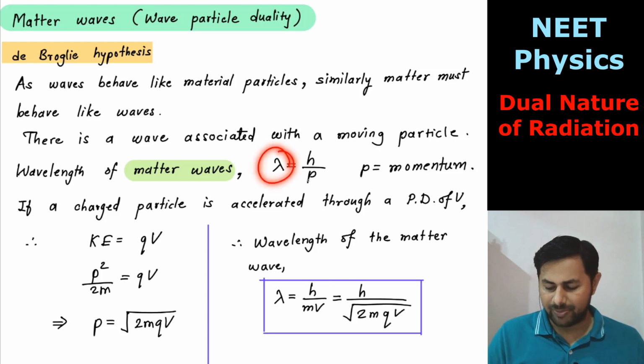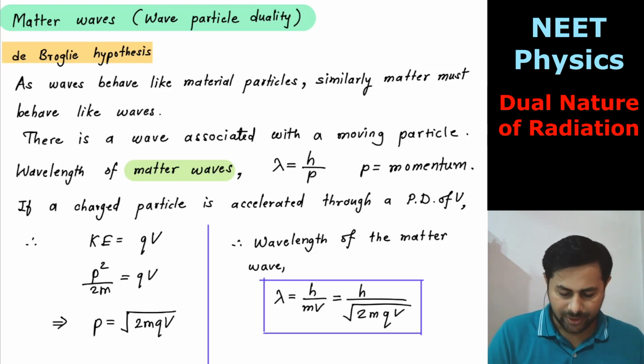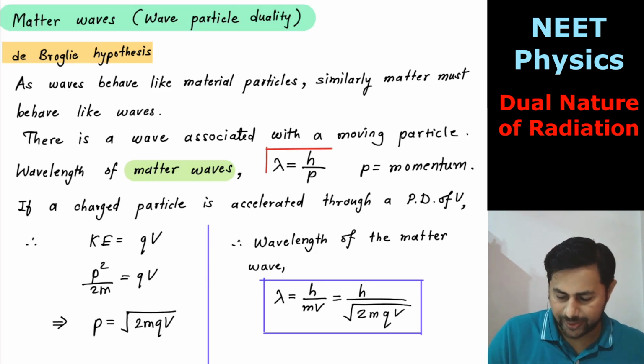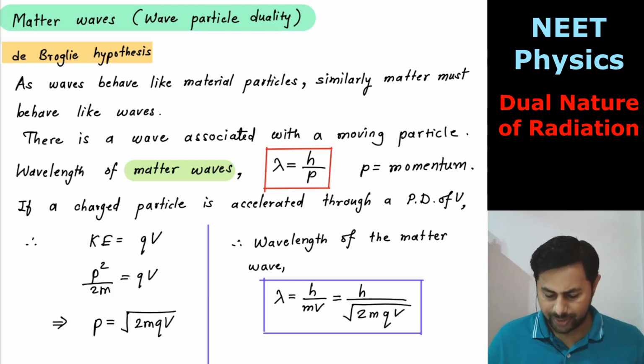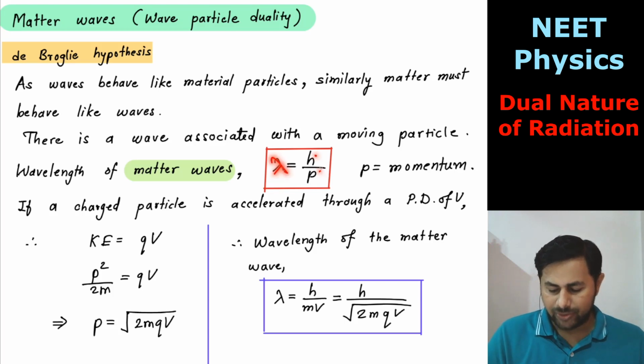So this is the connection between the wave nature and particle nature of matter as well as radiation. This equation shows the duality of matter as well as radiation. So we have lambda equals h by p.